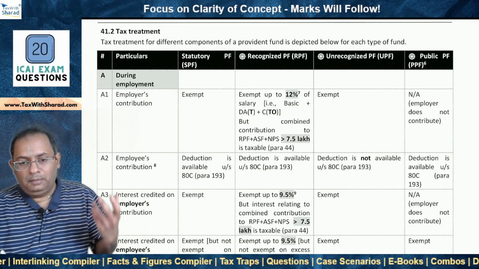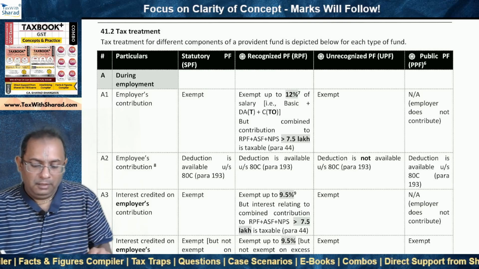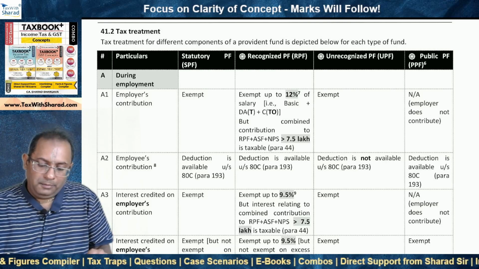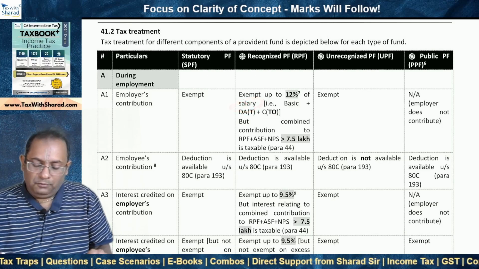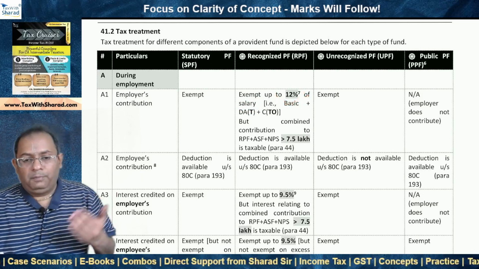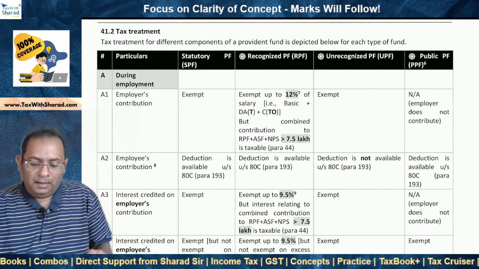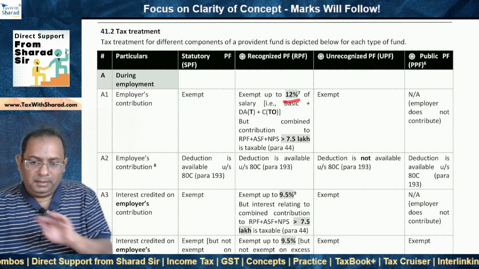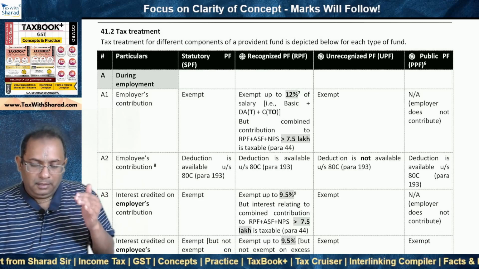TO means where commission is based on a fixed percentage of turnover, not being an absolute fixed amount every month. So we compute salary as per this formula, and then we apply 12%, and that is the limit. So if the employer contributes more than 12%, the excess becomes taxable, and if the contribution is up to 12%, then everything remains exempt. Nothing becomes taxable under the head salaries.